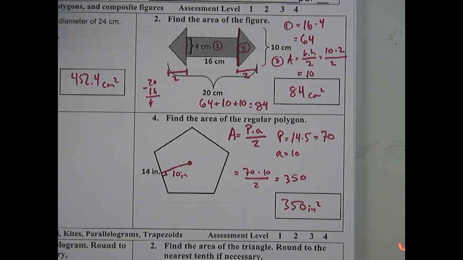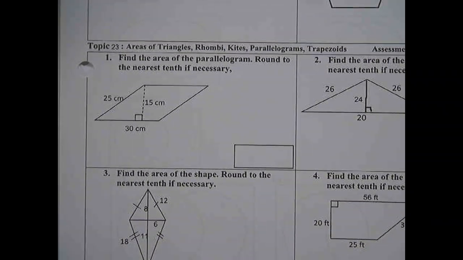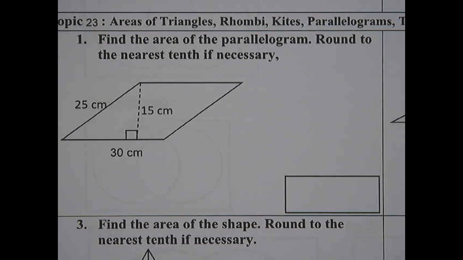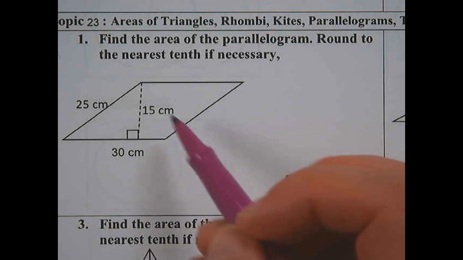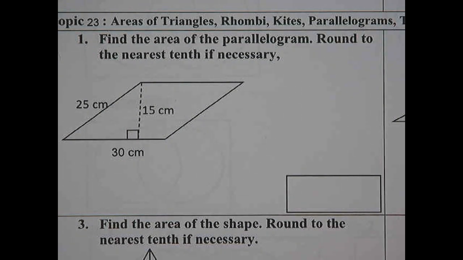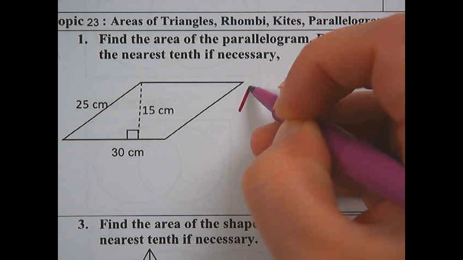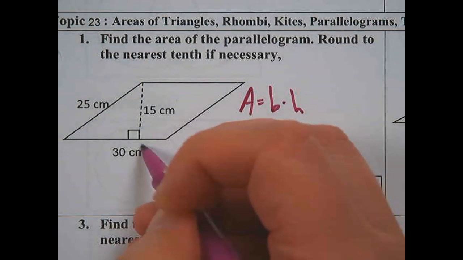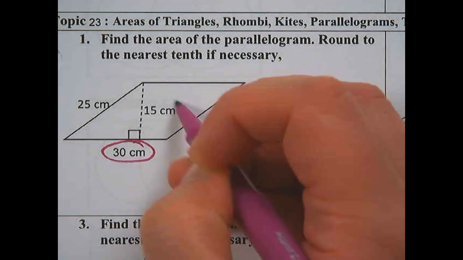Alright, now on to the Concept 23 ones. These are the ones where we have to appropriately apply our area formulas, even though on a lot of them we're given more dimensions than we need. For this one, area of a parallelogram is just base times height. This would be the base and this would be the height.